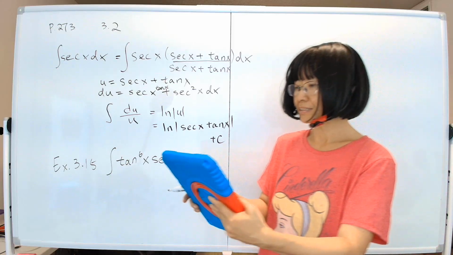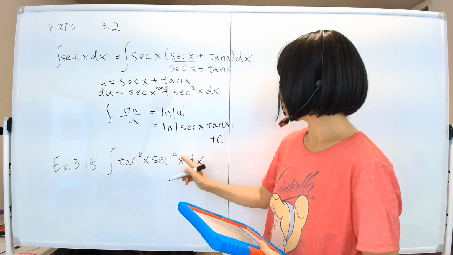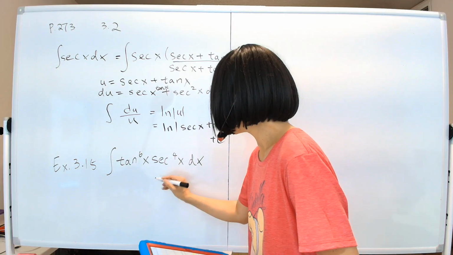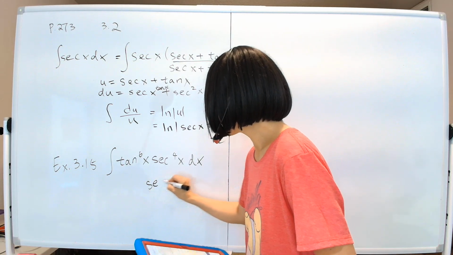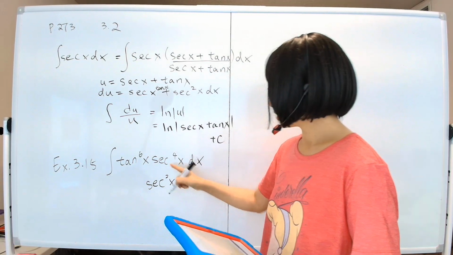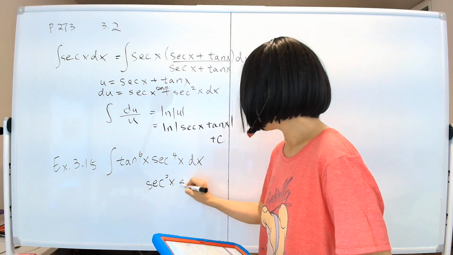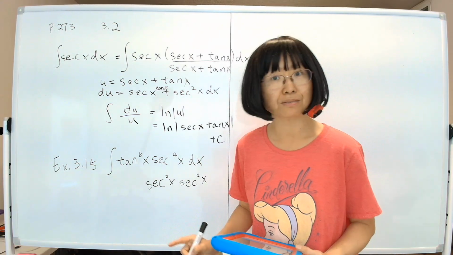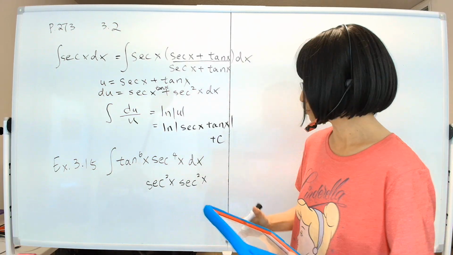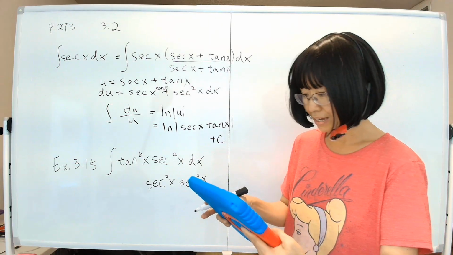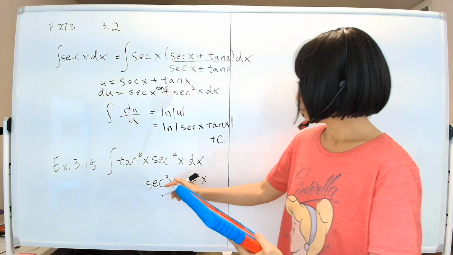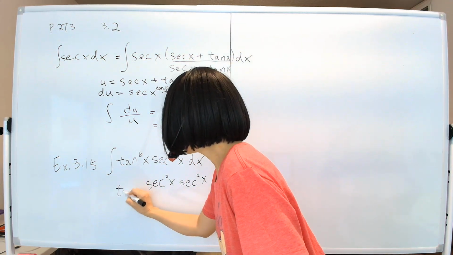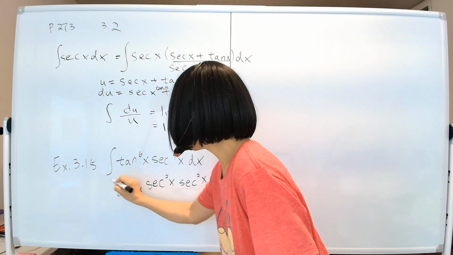Following strategy 1, we are going to write secant^4 x as a power 2 less. So we'll write down secant squared x, and then the secant squared x that we took out. The reason we took out secant squared x is because the derivative of tangent is secant squared, and we're going to take advantage of that fact. Then the original tangent is still there, so we'll write that down, tangent^6 x, and here's our integral.